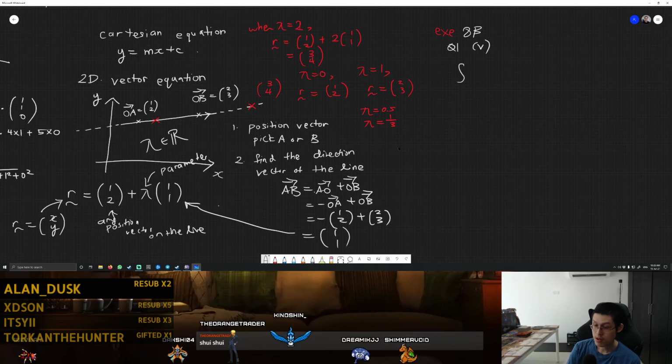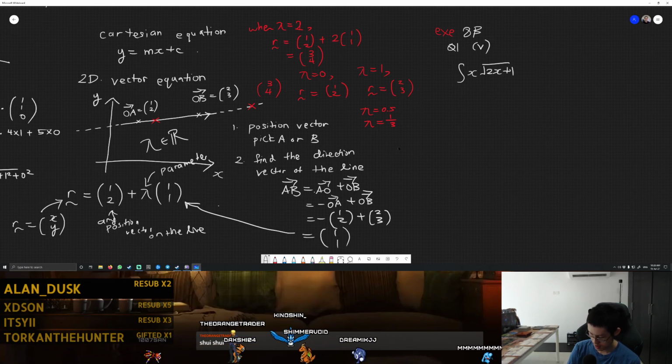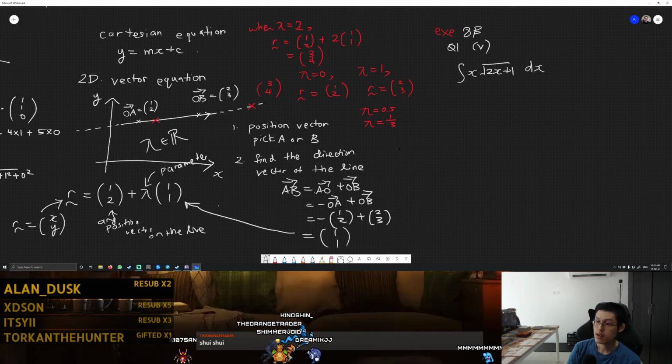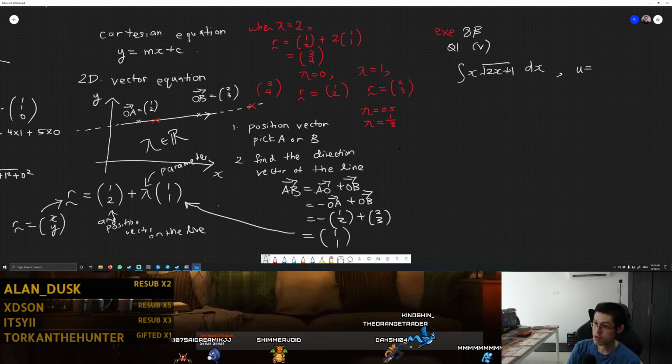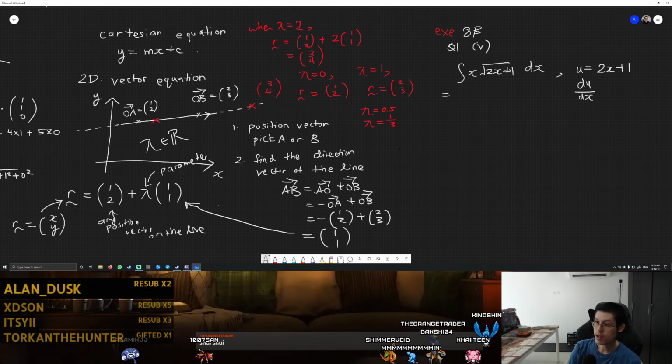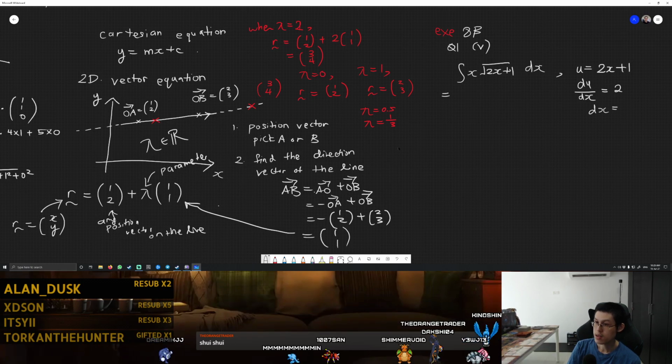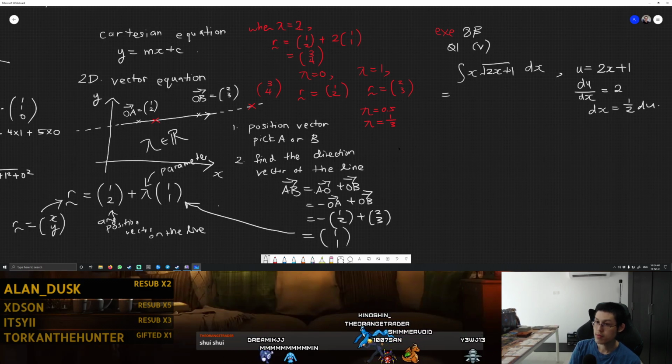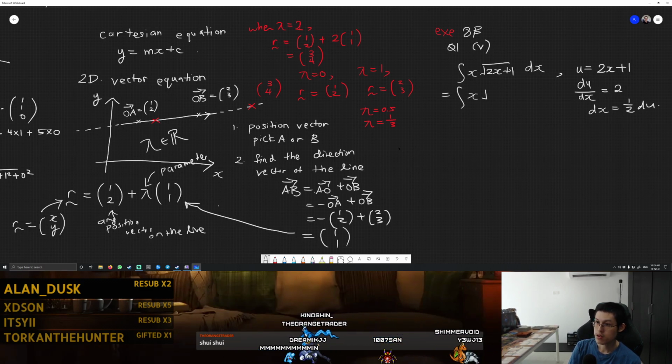Integrate x square root of 2x plus 1 dx. The suggested substitution is u equals 2x plus 1, which means du/dx is 2, so dx is equal to 1/2 du. So this becomes x square root of u times 1/2 du.